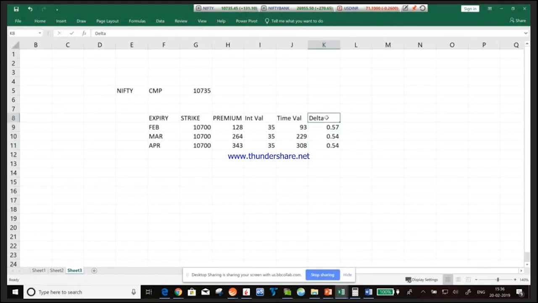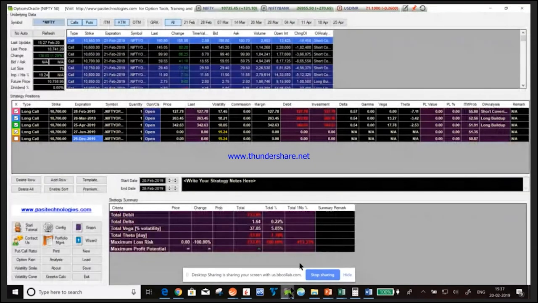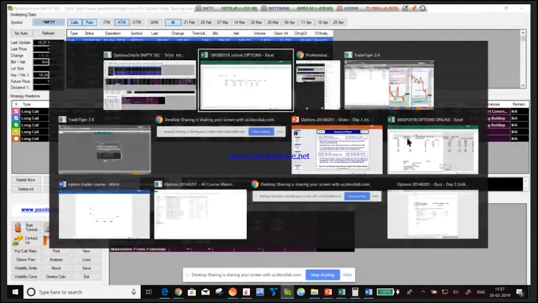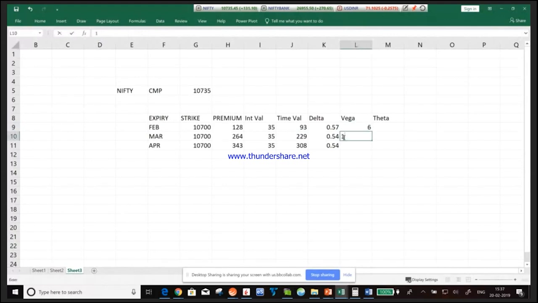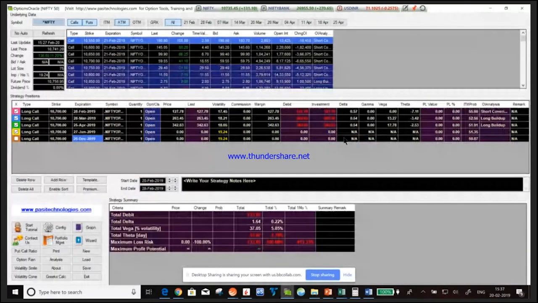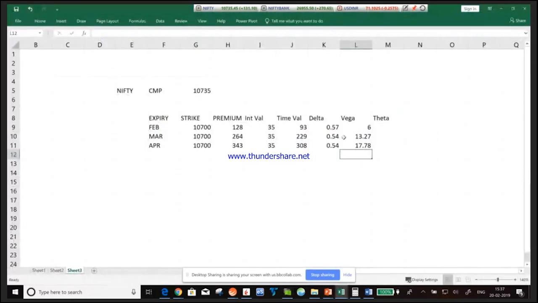Now let's put our Vega and Theta values also. 6, 13.27, 17.